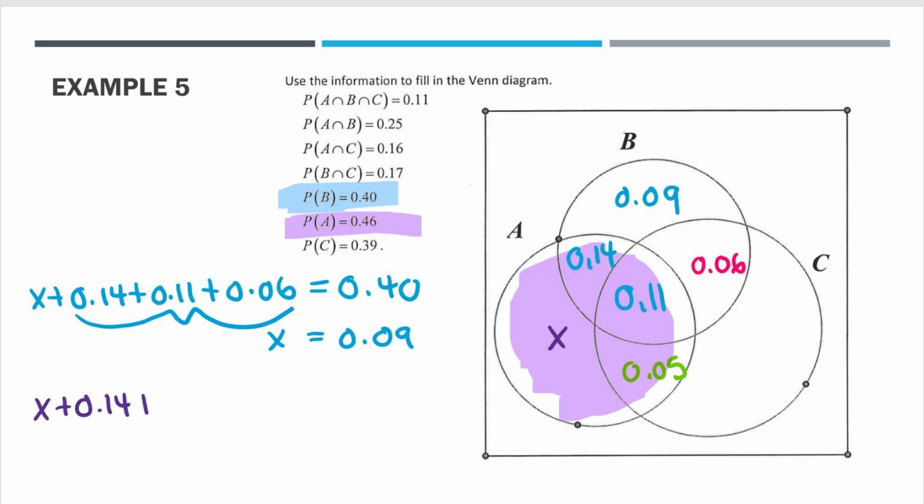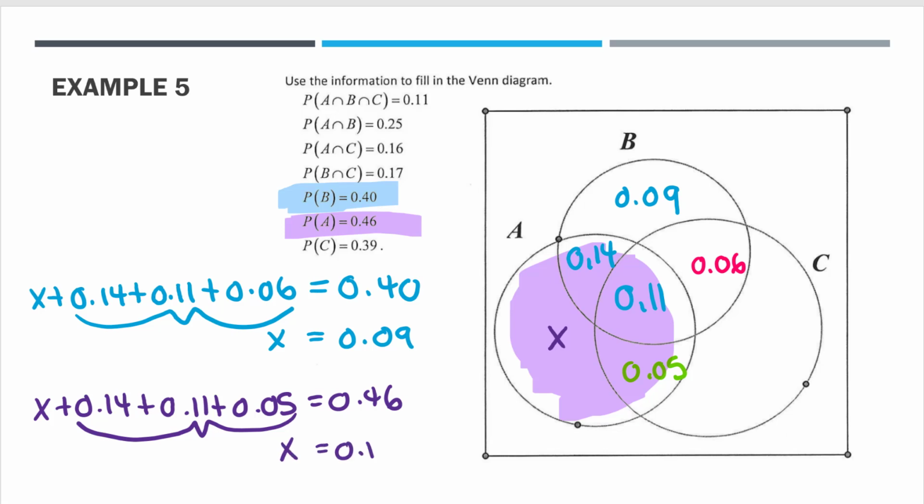X plus 0.14, 0.11, 0.05 equals 0.46. I subtract the numbers from the left-hand side over to the right-hand side, so x is equal to 0.16. And we're almost done.